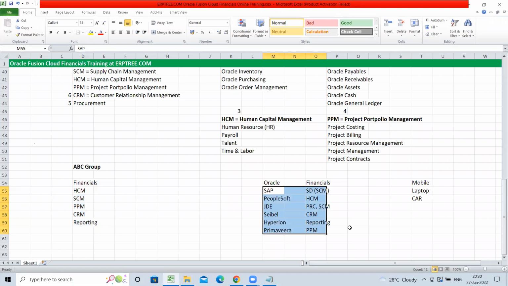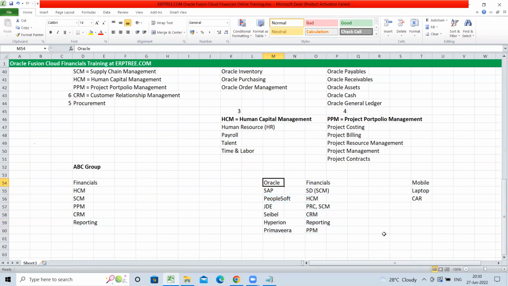And again, if they take these products from different software companies, they have to connect all those applications, which we call integrations. So different software products, they have to connect, and there will be huge integration. There will be many challenges and all. That is the reason companies are choosing according to their primary area.